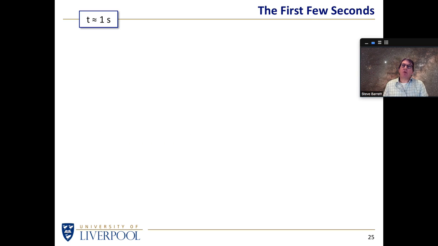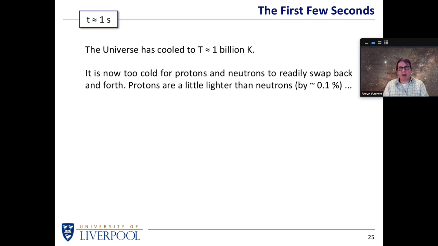At about 1 second, the universe has cooled to a mere 1 billion Kelvin. So again, we've moved on in time now, and we are 1 second after the Big Bang. So protons and neutrons were quite happy swapping backwards and forwards, because those bags of three quarks, if the three quarks change, then our label of what's in that bag changes from a proton to a neutron. That's all we need to understand about nuclear physics.